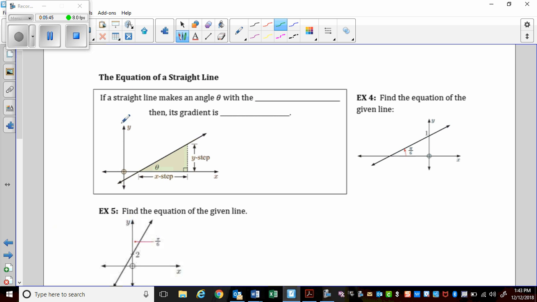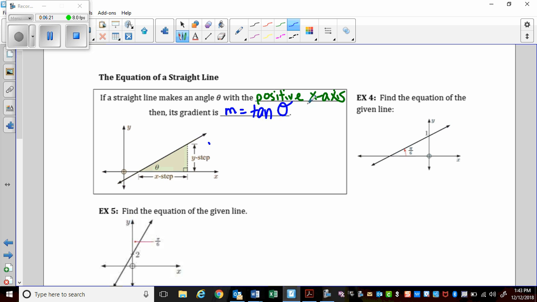This one says, if a straight line makes an angle with the positive x-axis, then its gradient m, our measure or our slope, is equal to the opposite over the adjacent, or the change in y over the change in x, or tangent.